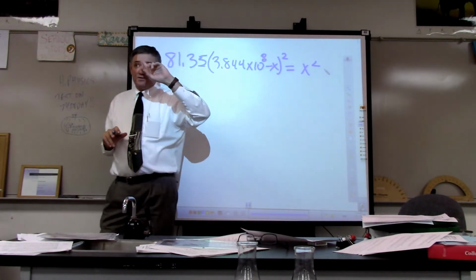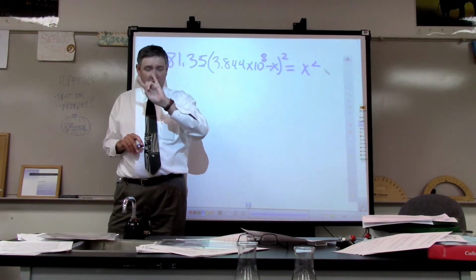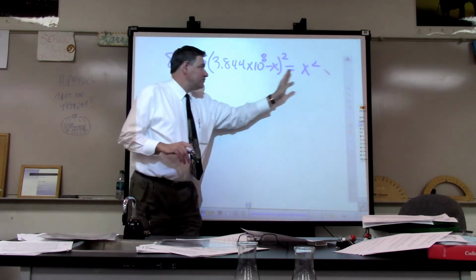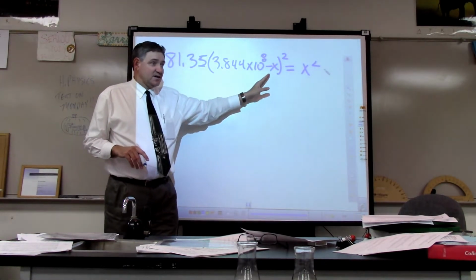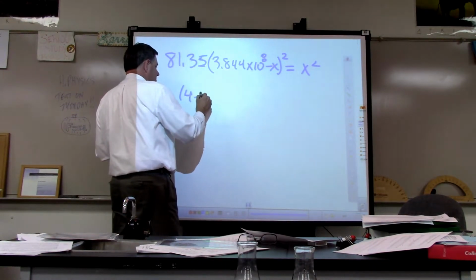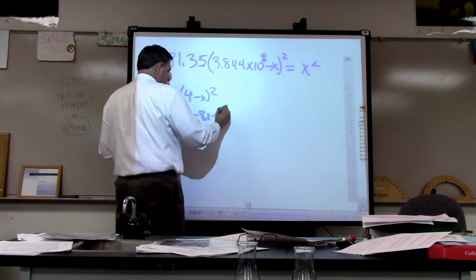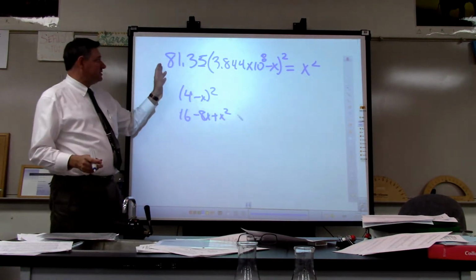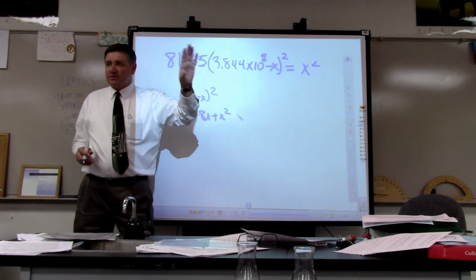At this point, there's two ways that you can work this problem. One option is that you expand this binomial. You FOIL this thing, just like if you have 4 minus x quantity squared, that becomes 16 minus 8x plus x squared. And then you distribute the 81.35, you combine all your terms, and you use the quadratic formula.